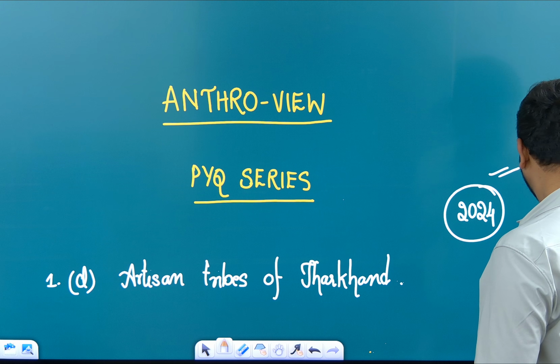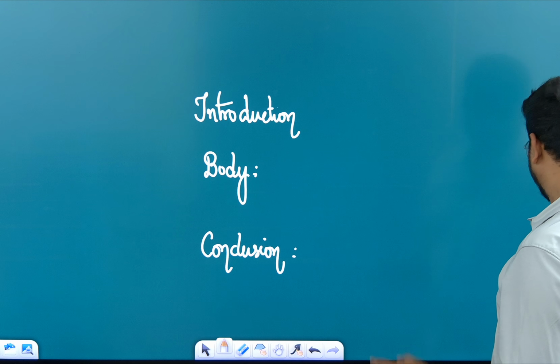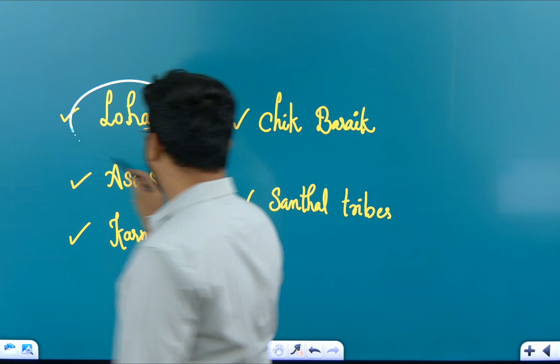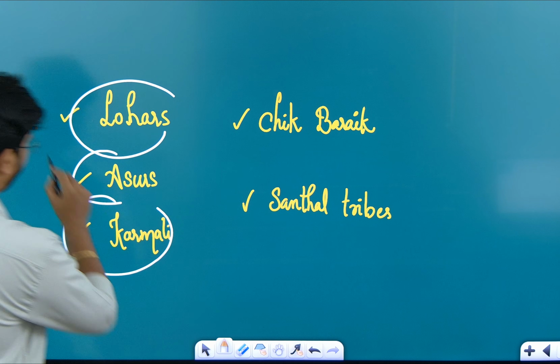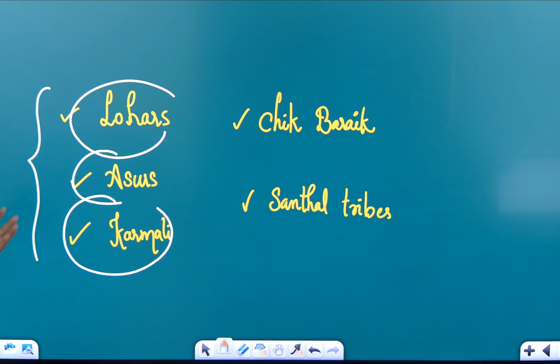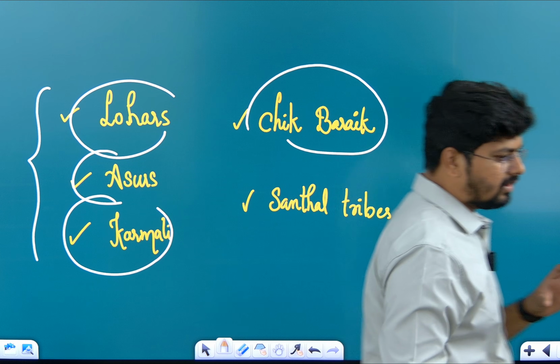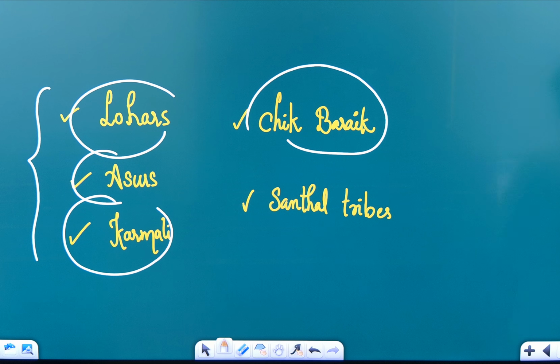If I have to tell you, see, these are the examples. You know that Lohars, Asurs and Karmali are known for their metallurgical work. Mainly they perform blacksmithing, and Chikbareks are known for making artifacts.